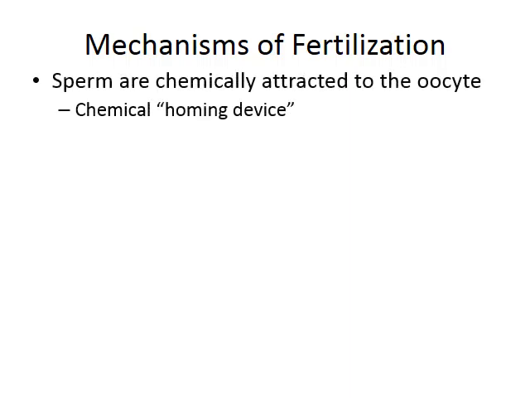So when sperm first enter the birth canal, enter the uterus, they need to pretty much orient themselves immediately so that they start swimming in the direction of the primary objective, which is that oocyte. So sperm are actually chemically attracted to the oocyte. There are certain chemicals that are present in the outer membrane, outer layer of the oocyte that will attract sperm, so it's almost like a chemical homing device for them.